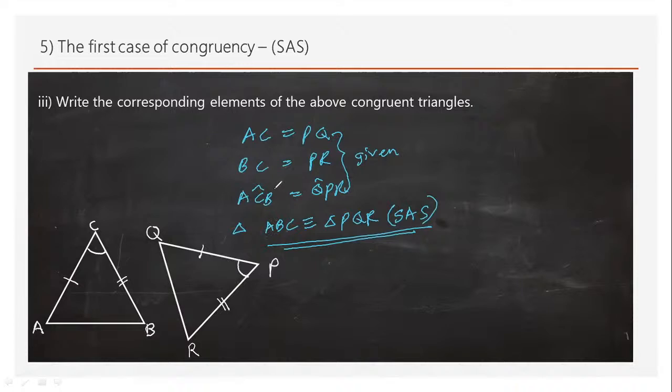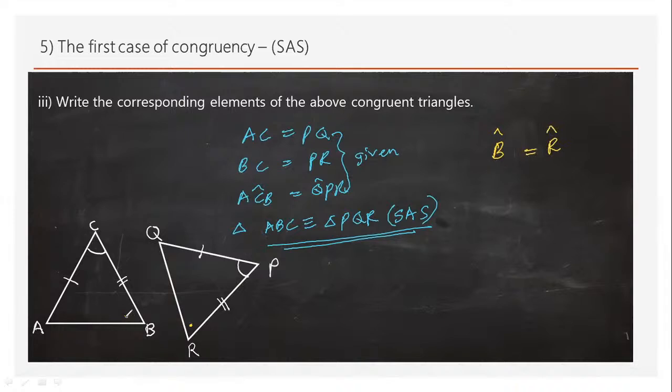What are the corresponding elements? Look at AC side. AC side, you can see the opposite angle is B, right? So you can see the angle B. I will use the yellow color. Angle B. AC side, one line side, you can see B. And now look at PQ side. Oppositely, you can see angle R. Then these are the corresponding.